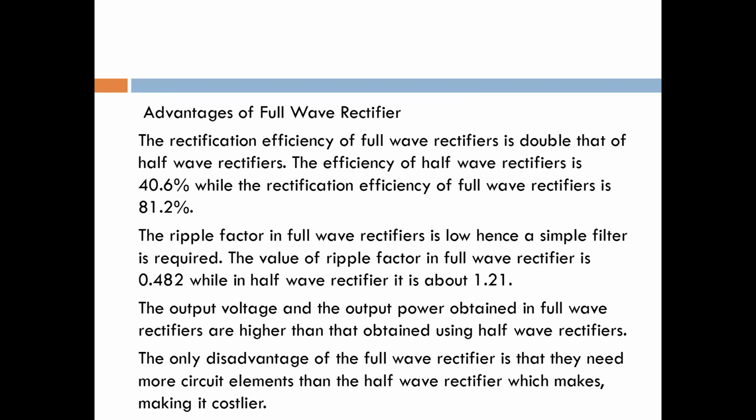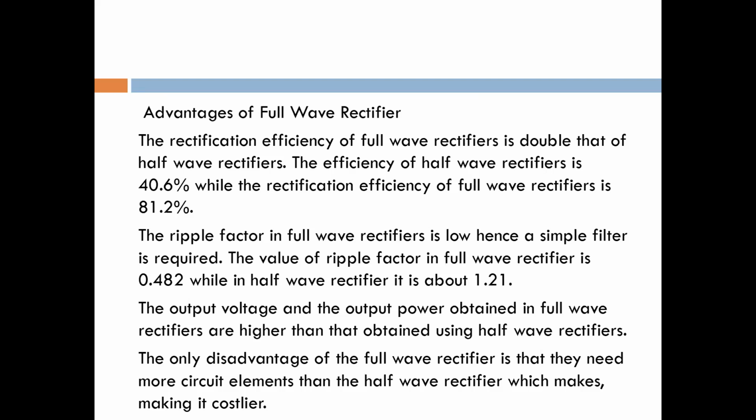Now we will see the advantages of the full wave rectifier circuit. The rectifier efficiency of a full wave rectifier is double that of the half wave rectifier circuit. The efficiency of the half wave rectifier circuit is 40.6%, while the rectification efficiency of the full wave rectifier is 81.2%.